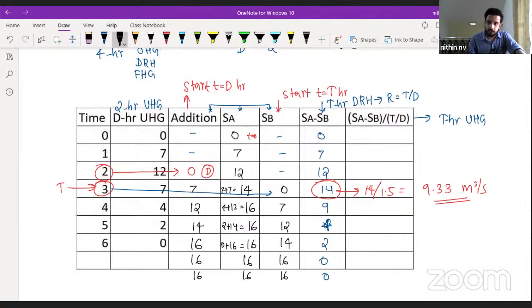So that's why we have divided by the capital T by D ratio, and this is how we are getting the unit hydrograph. Understood? Everyone? Yes. So are you getting 9.33 as the answer? Is it clear, everyone? Please comment, is it clear or not?